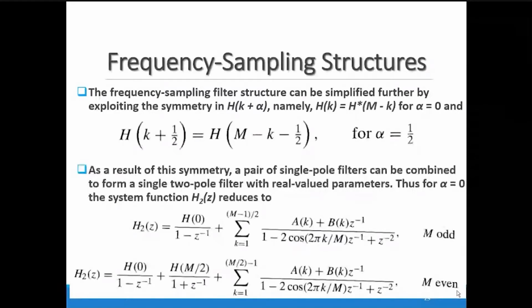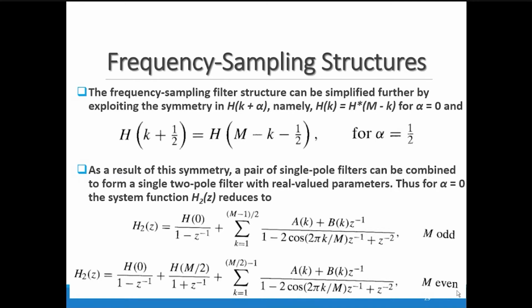Now suppose M has an even value, then you apply the second equation for the calculation of the system function H(z), that is H(0) divided by 1 minus z inverse, plus H(M/2) divided by 1 plus z inverse, plus the sum over k equal to 1 to M/2 minus 1 of (A_k plus B_k z inverse) divided by (1 minus 2 cos(2 pi k/M) z inverse plus z to the power minus 2).